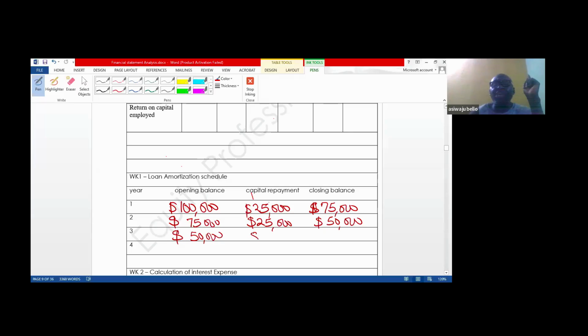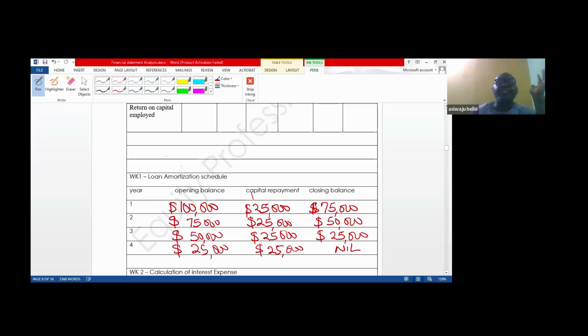At the end of year 3, you pay $25,000 again, then you are left with $25,000. This becomes opening balance for year 4. Then at the end of year 4, you pay $25,000. Amount is nil. This is the loan amortization schedule, or the loan repayment schedule.